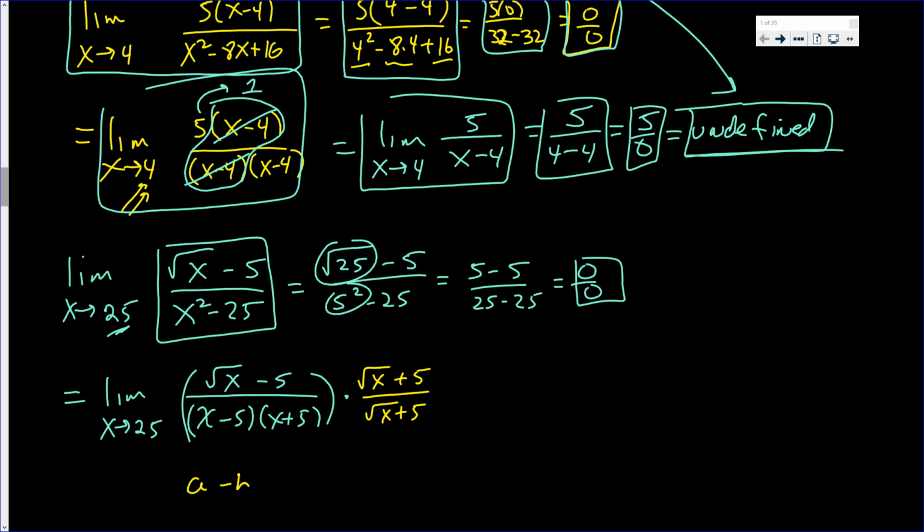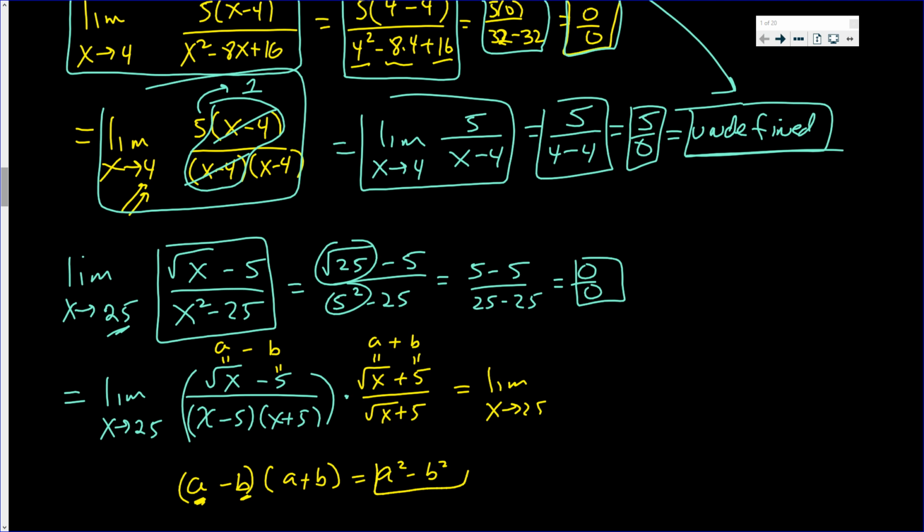Remember, whenever you have a minus b times a plus b, you're going to get a squared minus b squared. If that's a and that's b, a minus b, that's the same a, the same b, and now we're adding, so we're going to get the limit as x goes to 25, and we're going to get a squared minus b squared.